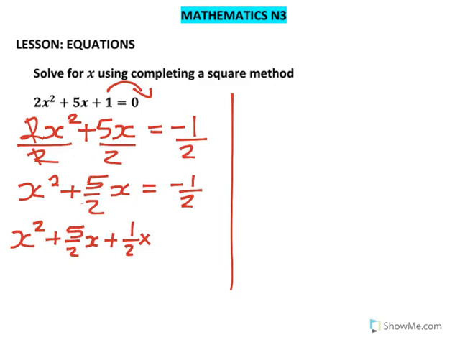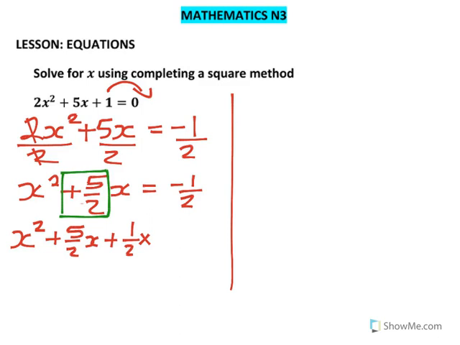And which one is the coefficient of x? This is the coefficient of x. The actual way is to put it like that, the coefficient of x with its sign. But because it's a plus, I'll leave it like that as 5 over 2.